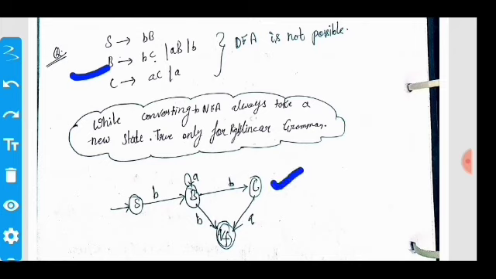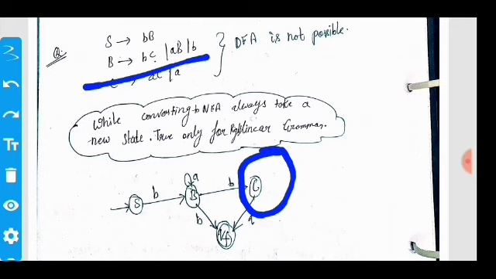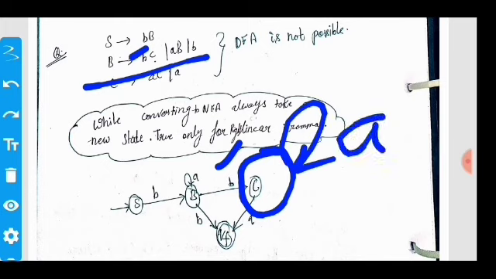B is also final, C is also a final state, because C contains an individual b as well. Sorry, I have not mentioned this clearly in the diagram. And coming to this C, when we give a, it goes to A, like this. This diagram works.